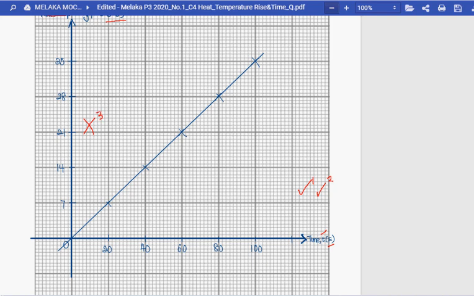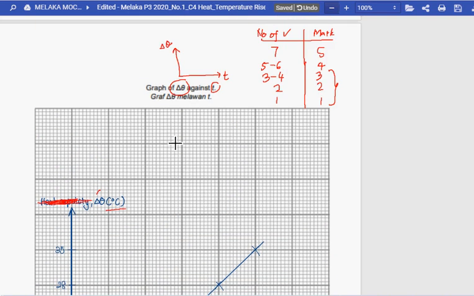So remember, an odd scale is when one square is the same as 3 cm, 3 meter, 3 newton, or 7, or 9, or 11, or 13, or 17, like that.